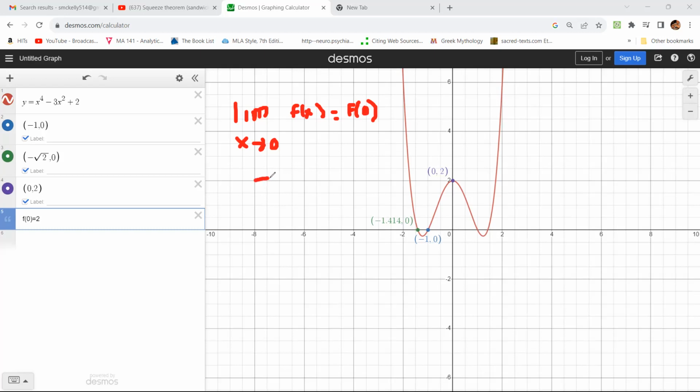So this limit is equal to the value of the function, isn't it? Mm-hmm. And what does that mean? That it's continuous at 0, right? Does that help you see it? Yeah.